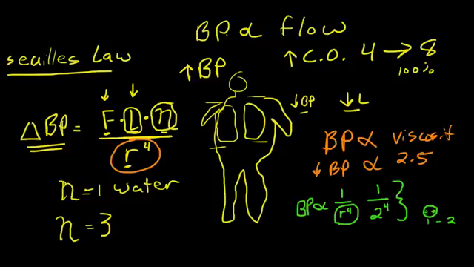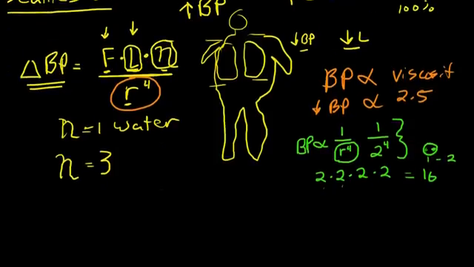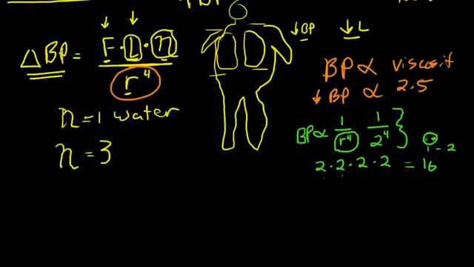You are going to decrease blood pressure by 2 to the fourth power. Now it may be a while since you've done your high school math, so 2 to the fourth power means 2 times 2 times 2 times 2, 4 times, and that equals 16. So by doubling the diameter of a blood vessel from 1 centimeter to 2 centimeters, you will decrease blood pressure by a factor of 16.